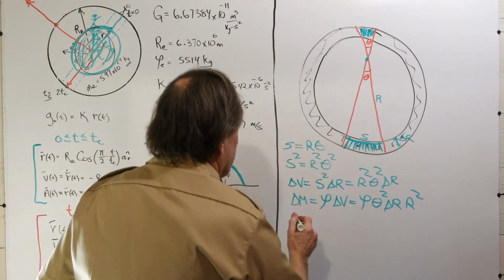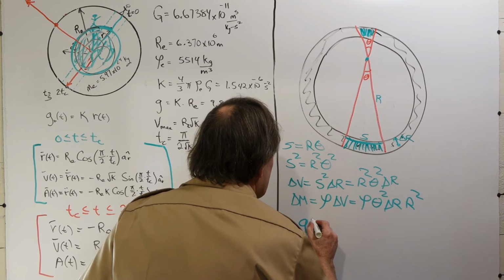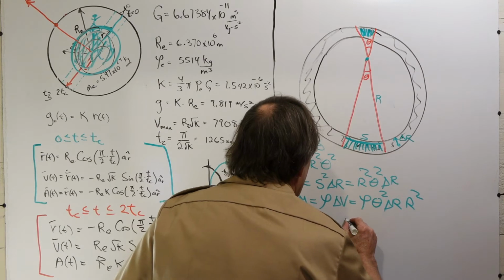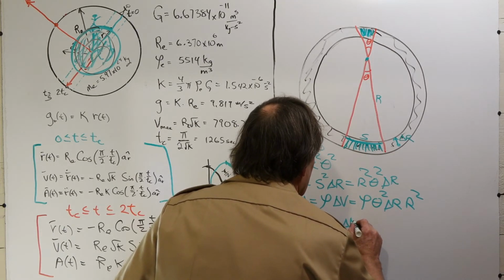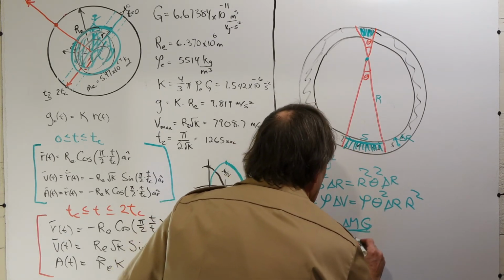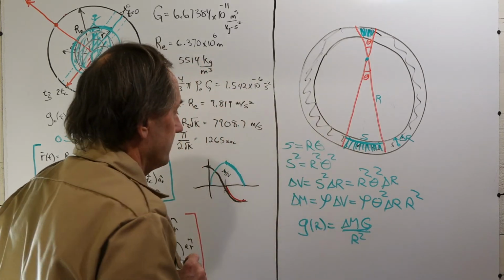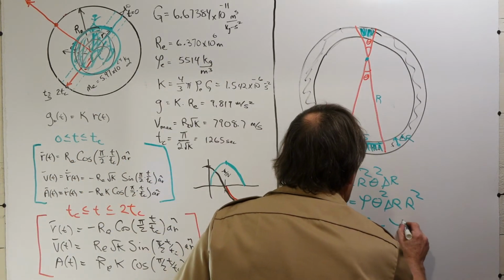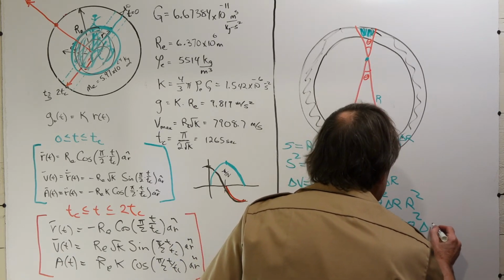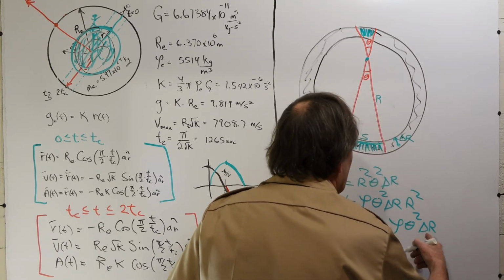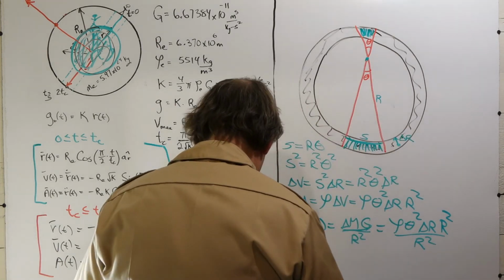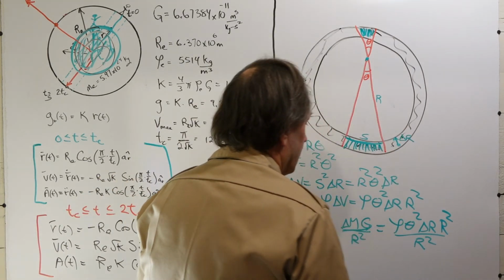Now, the gravitational acceleration, g of r, remember, is the mass, we'll call delta m, times big G over r squared. Putting in here for delta m, we get rho, the density, times theta squared delta r times r squared, over r squared. And we see that the r squareds cancel.